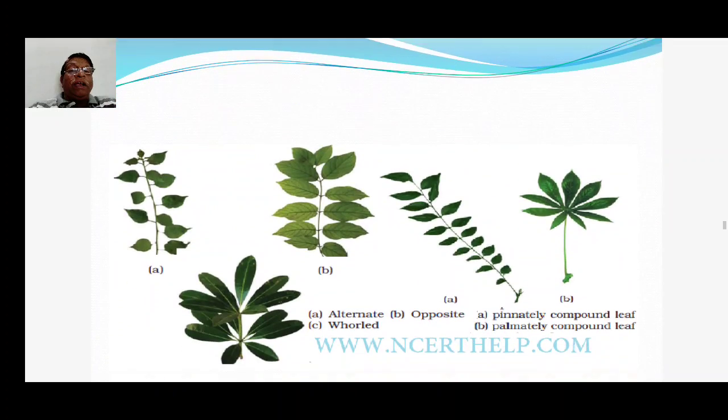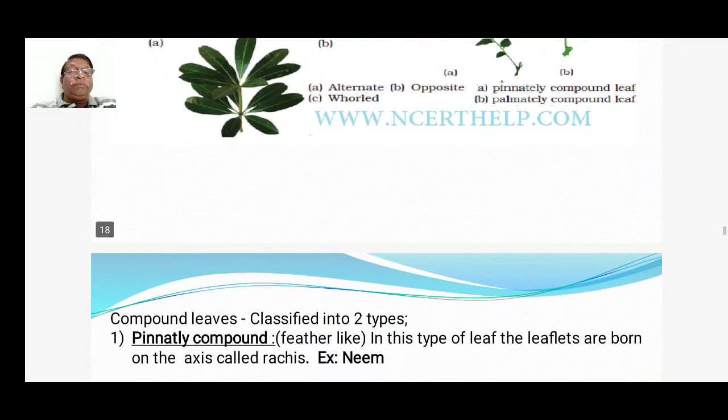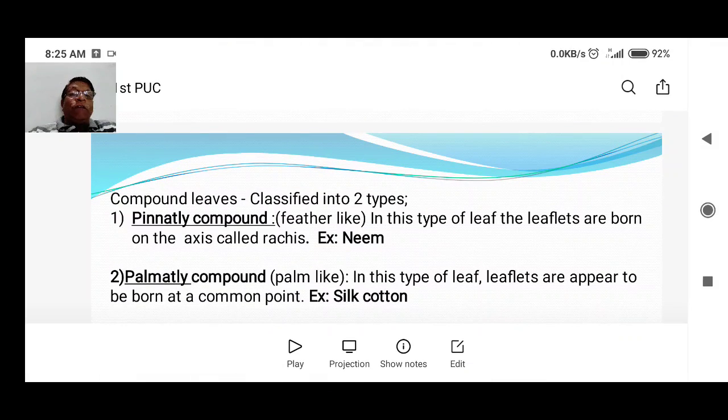Now we shall see types of compound leaves. Compound leaves are classified into two types. Pinnately compound and palmately compound. See the diagram.